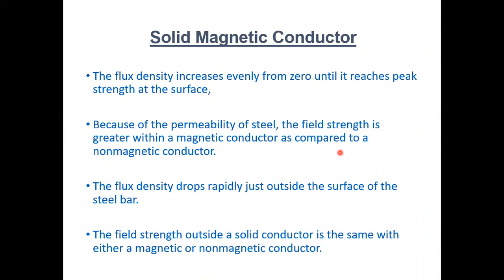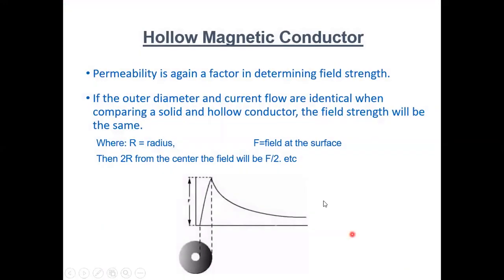Outside media is air, so outside field depends upon the permeability of air. So flux density drops rapidly just outside the surface of the steel bar. The field strength outside a solid conductor is the same with either magnetic or non-magnetic conductor.